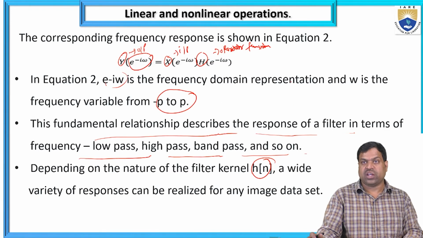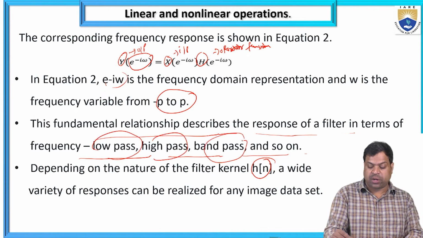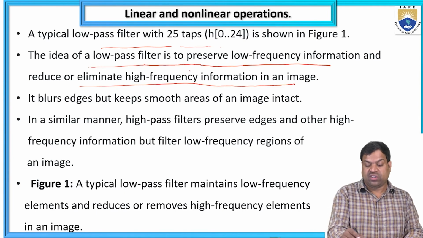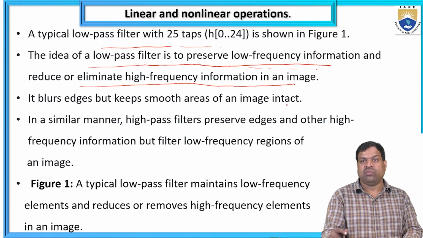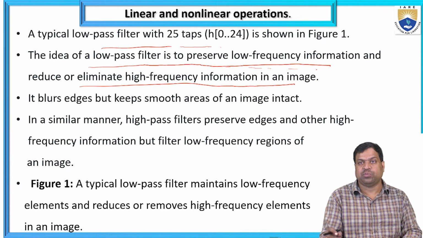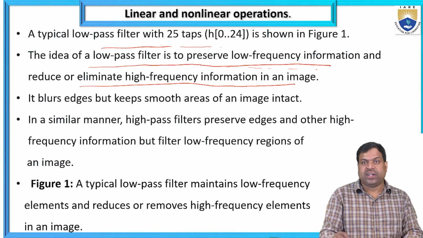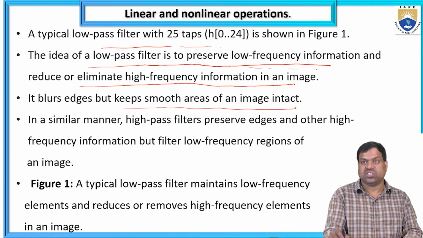Here low pass, high pass and band pass filters are there, but for example, the low pass filter preserves low frequency information and eliminates high frequency information. When I use low pass filtering, it eliminates high frequencies and accepts only low frequencies. It blurs images and keeps smooth areas of an image intact.